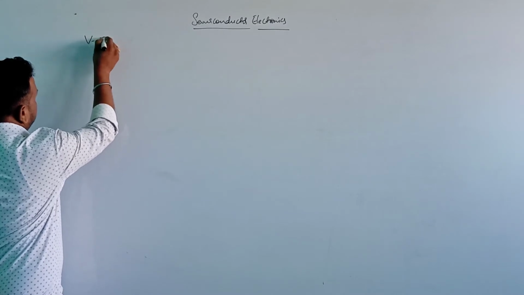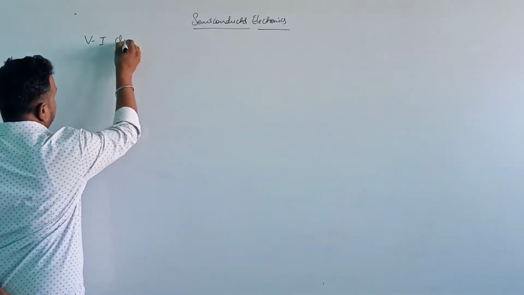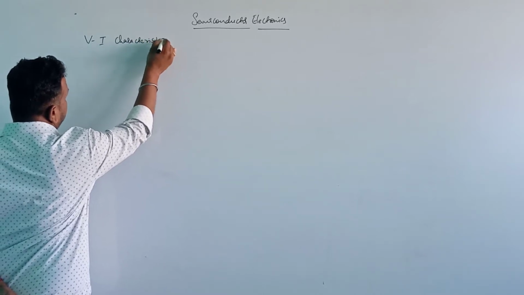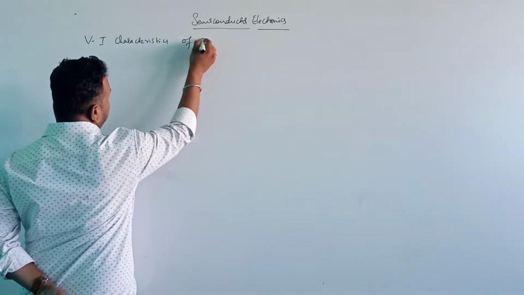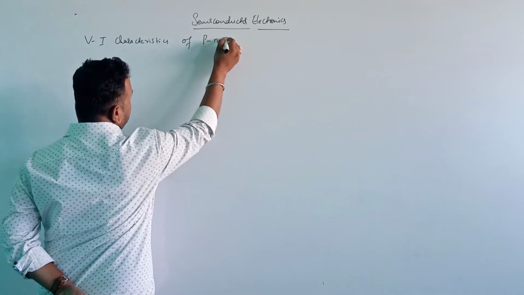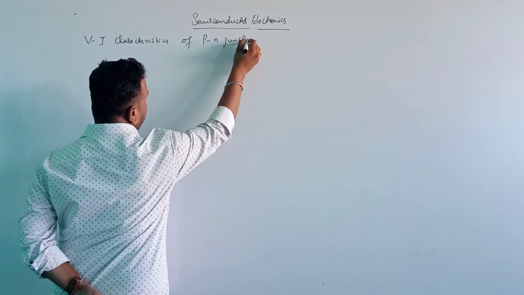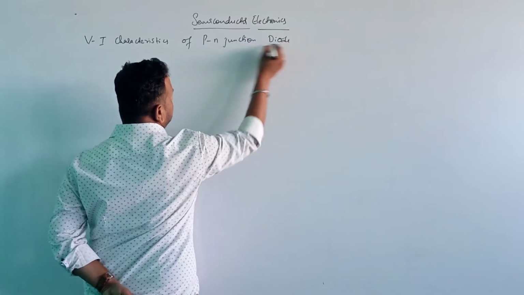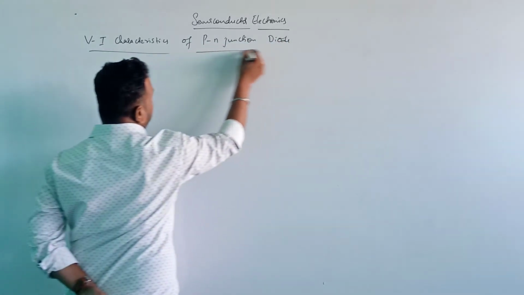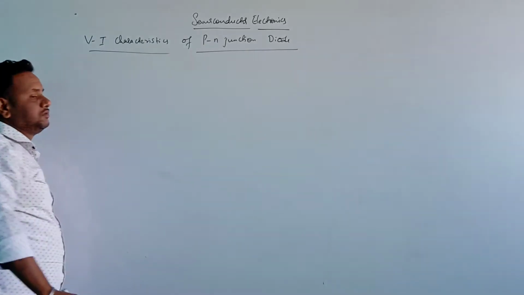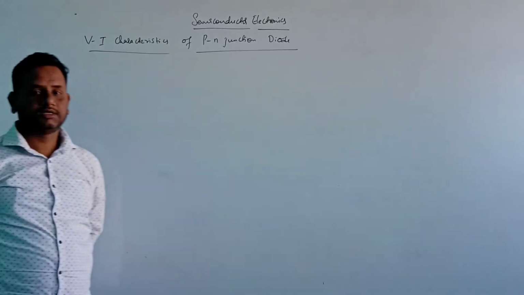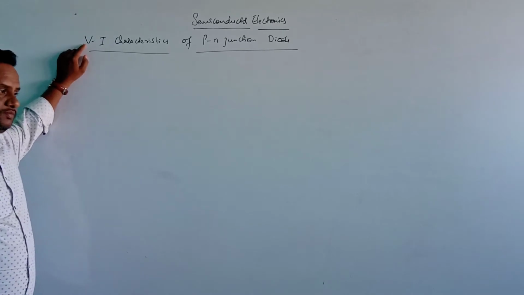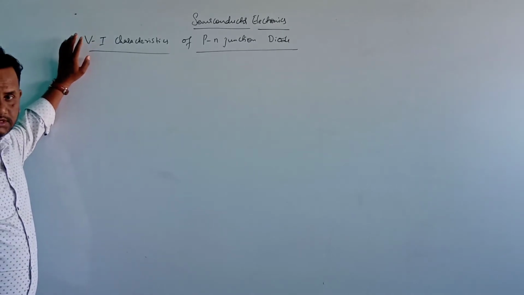VI characteristics of PN junction diode. Here VI means voltage-current characteristics. V indicates the voltage, I indicates the current.